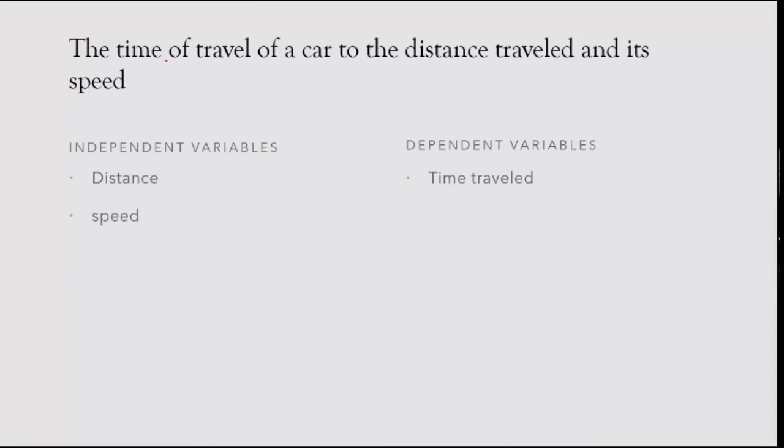So ibig sabihin, eto, time traveled was related to, based on the word "to", it was related to the distance and speed. Lumalabas na yung distance traveled at saka yung speed, yun yung independent. Minsan, laging nauuna yung ating dependent variable. Pagka merong "and", ibig sabihin, yung distance traveled at saka yung speed magkasama as independent variable.